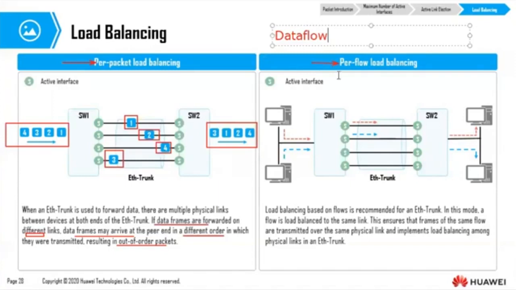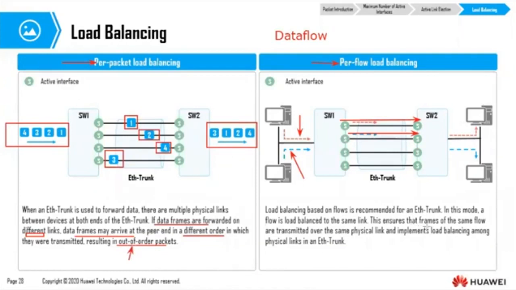So with per flow load balancing, we want to forward packets that are coming from the same source via the same link. Packets that are coming from the blue PC, we forward all of it on the same physical link. Are you getting the point? Yeah. So that way we solve the problem of out of order packets.